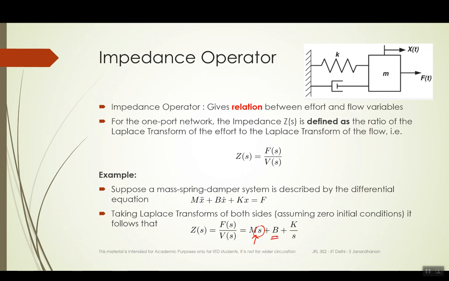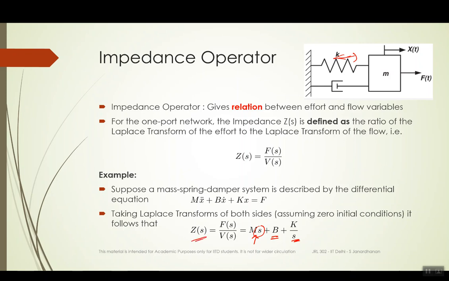The damping force was just proportional to the velocity itself, and k by s means that the spring constant gave a force proportional to the integral of your velocity.